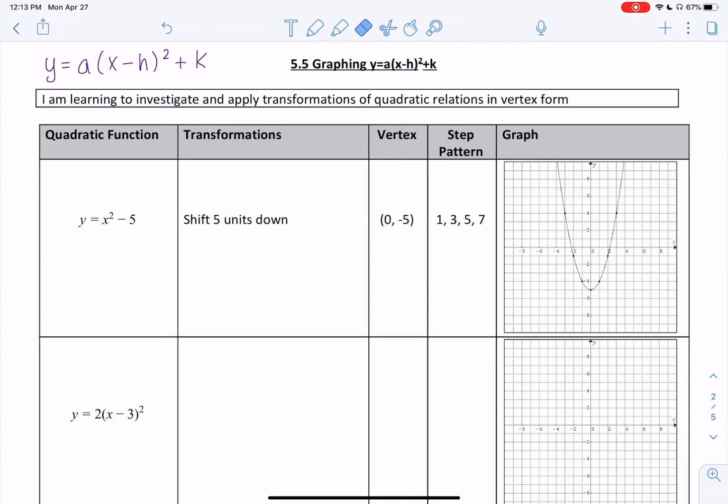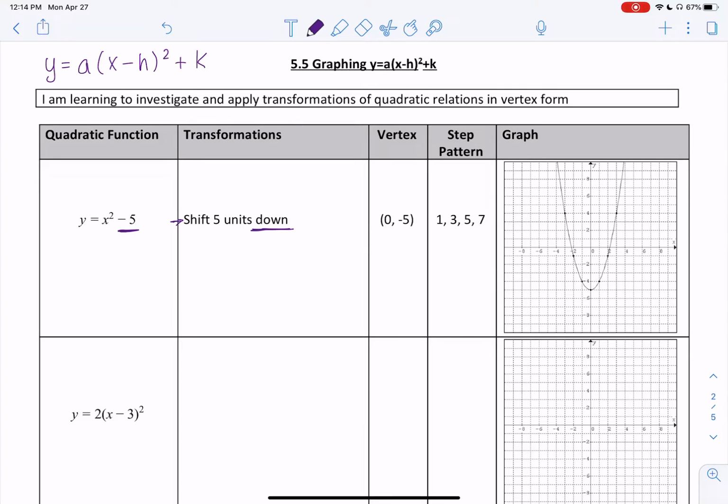For our first one, y equals x squared minus 5, the only thing we have here is my k, which is minus 5. From above, we know that k will shift our whole thing 5 units down.